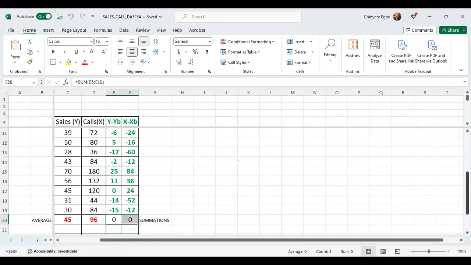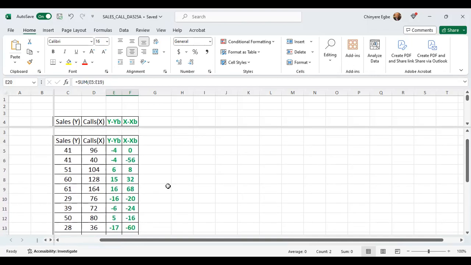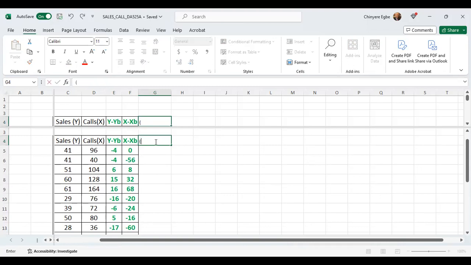And so now we have to calculate Y minus Y bar times X minus X bar, and X minus X bar to the power 2.